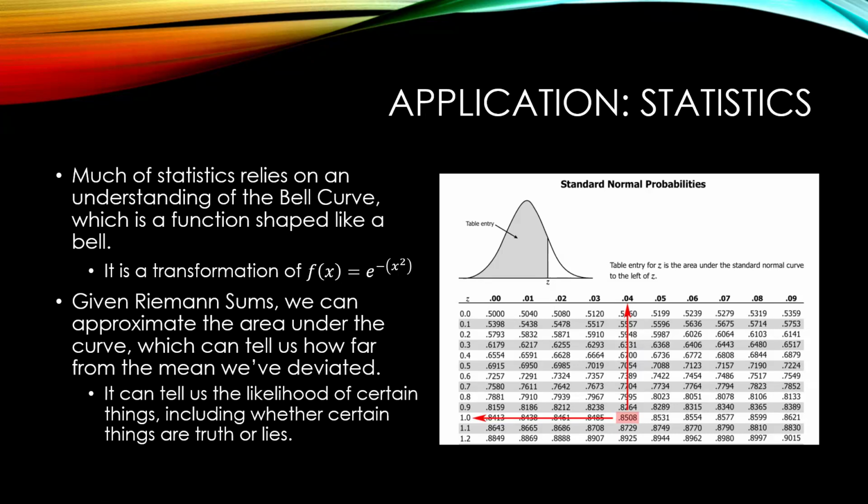Some form of standard deviation or something. It can tell us the likelihood of certain things, including whether certain things are truth or lies. As we approach the end of our lecture series, we're going to be focusing on this idea of truth and lies, and understanding statistics from a measure theory perspective is a big part of that.